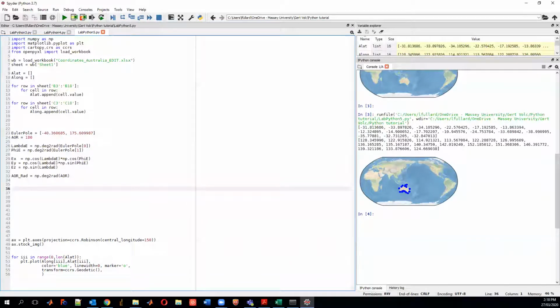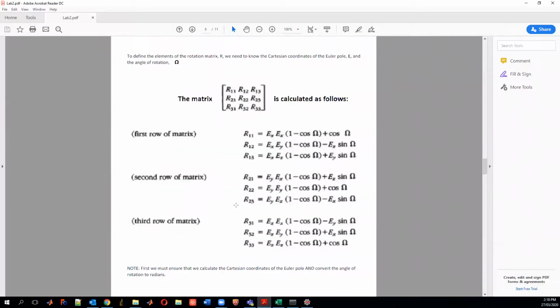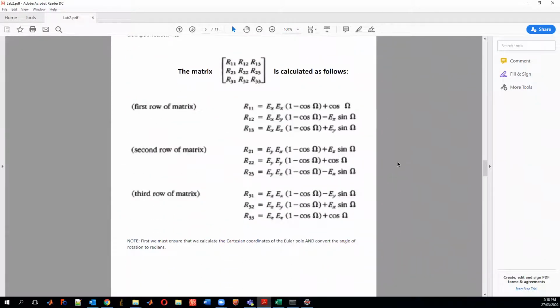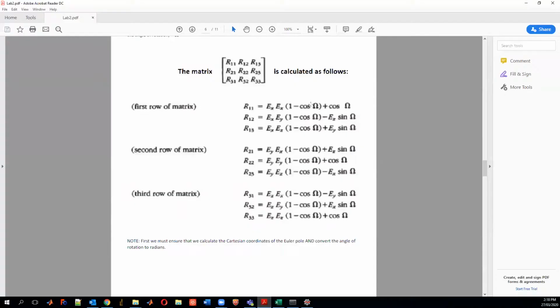Coming back to our document now, we need to define this rotation matrix. If you recall, this was the definition of each entry in the rotation matrix. It's going to take a little bit of time to type all this out carefully. So I'll start. The entry in position 1 of the matrix is equal to EX times EX times 1 minus cosine of the angle, plus cosine of the rotation angle.